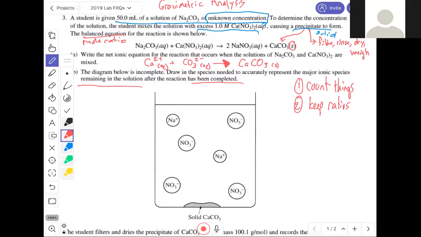We need 2 more sodium. All right, why do you say we need 2 more sodiums? Because the ratio of sodium to NO3 is equal in the balanced equation, but it's not equal in the drawing.